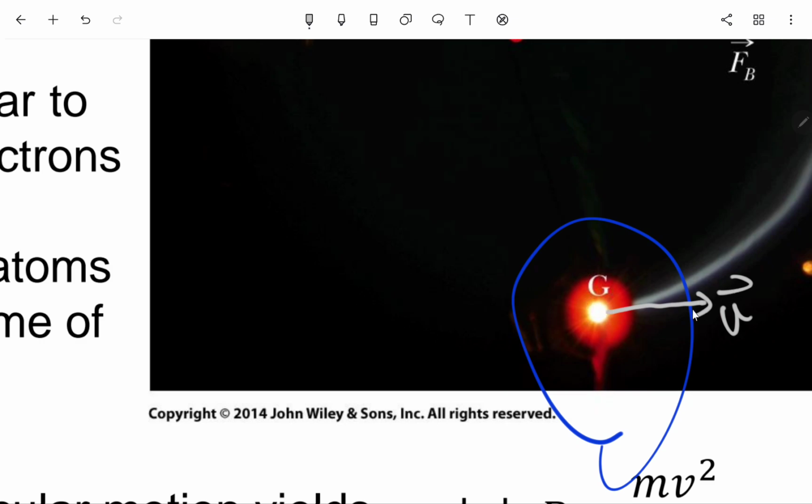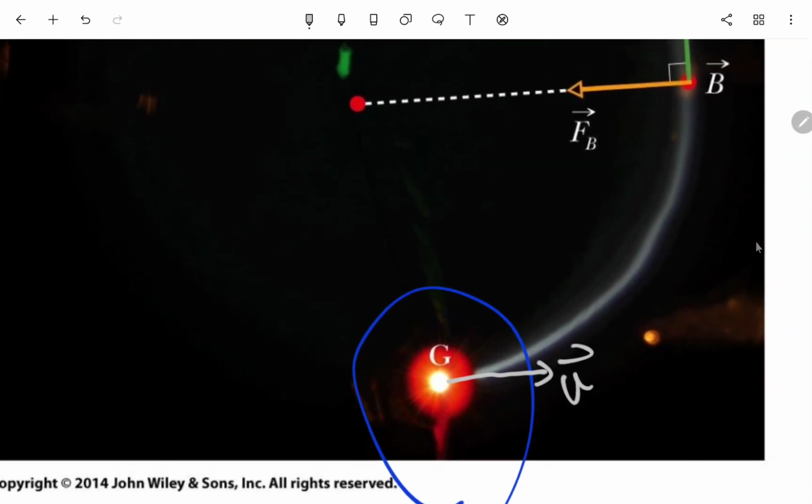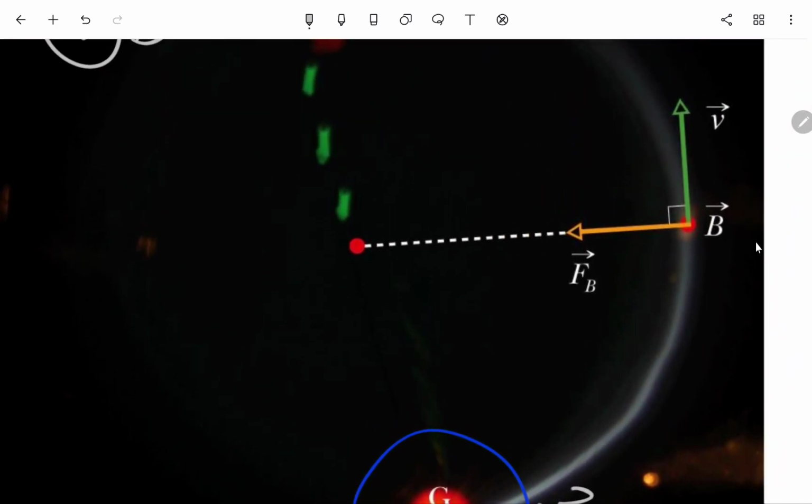At the very beginning, this electron is moving to the right side. At that moment, there is already a Lorentz force acting on it, making it turn to the left side.